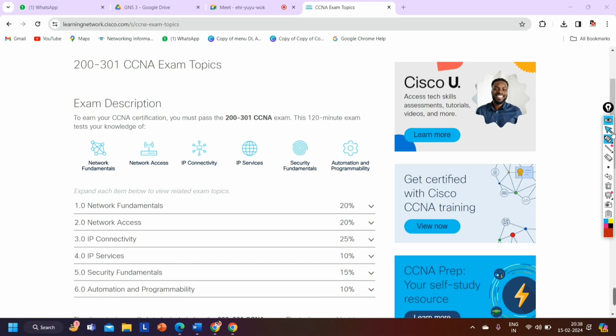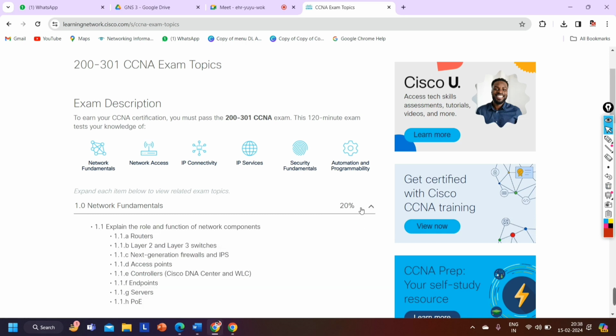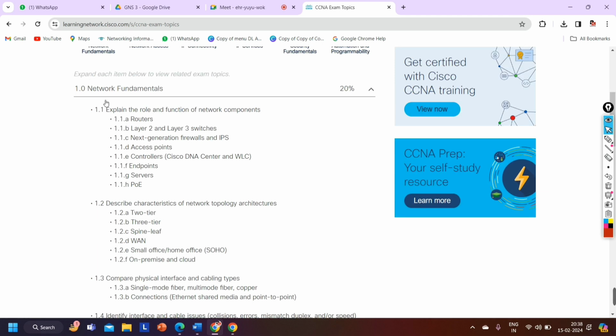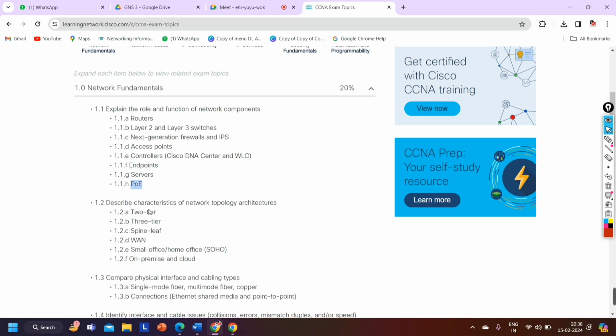Right? If you want to check the topics under each of these sections, simply expand it. So under network fundamentals, you need to learn devices like routers, layer 2 switch, layer 3 switch, next-generation firewall and IPS, access point controllers like Cisco DNA Center and WLC, then endpoints like your PC, laptop, servers. Then PoE, power over Ethernet.